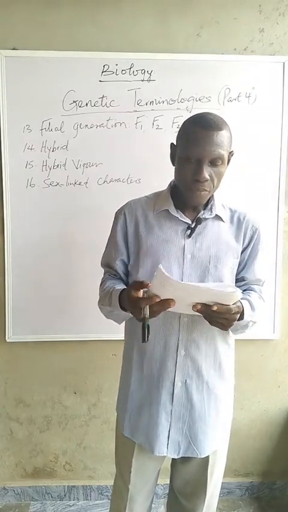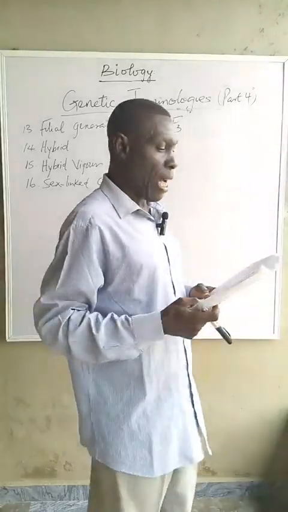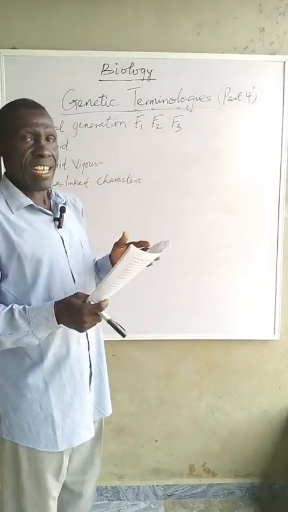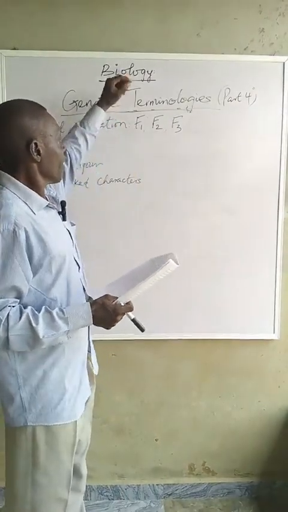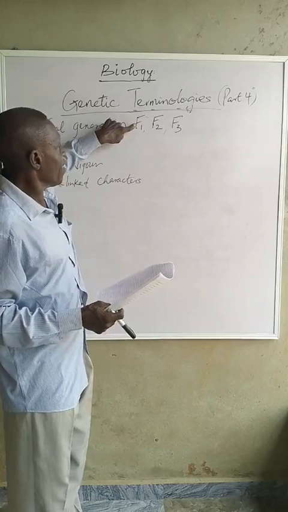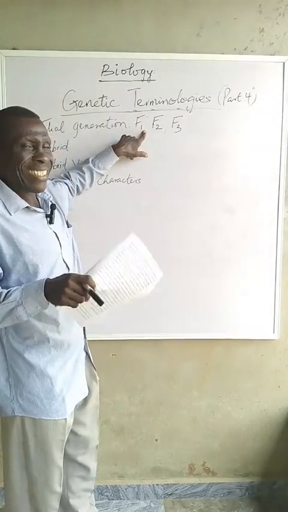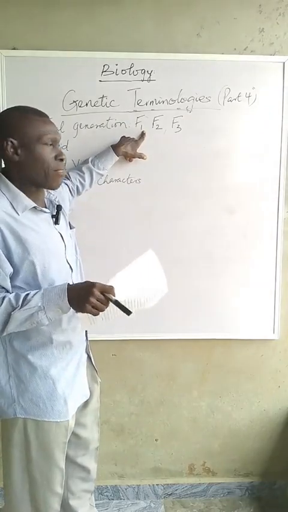All right. Now, when that happens, we give a notation. F1 means the first filial generation, direct children from the husband and wife.